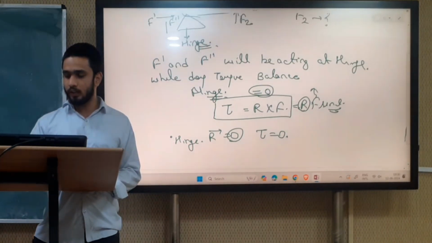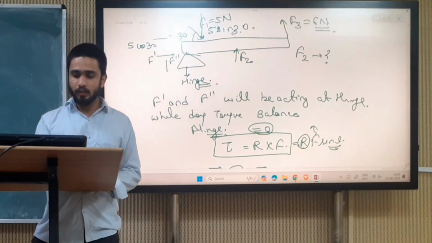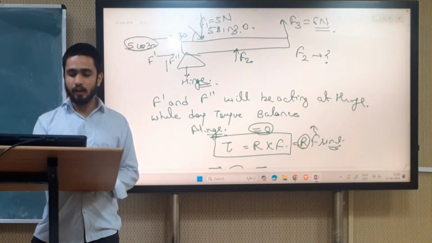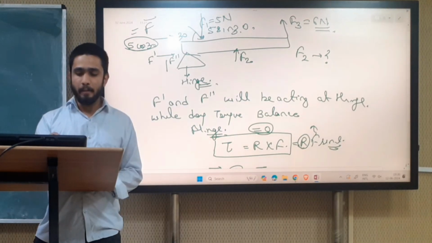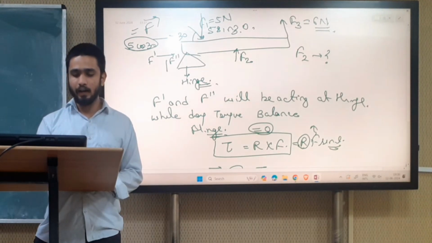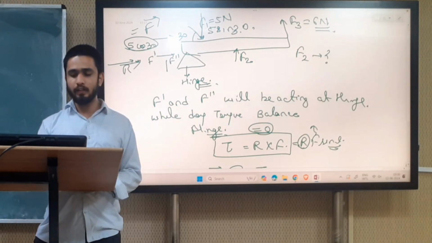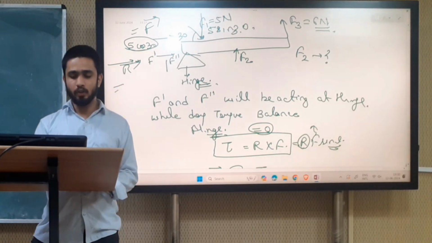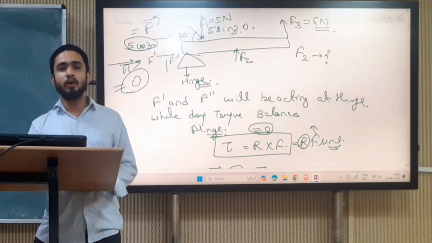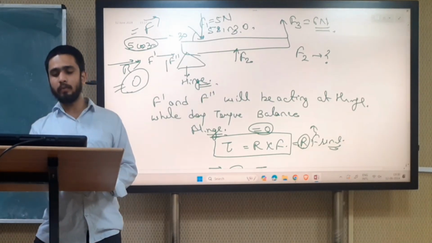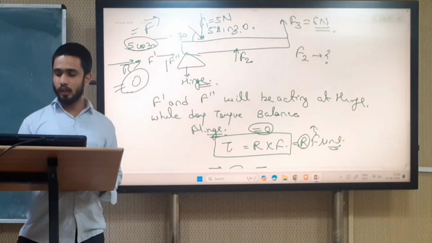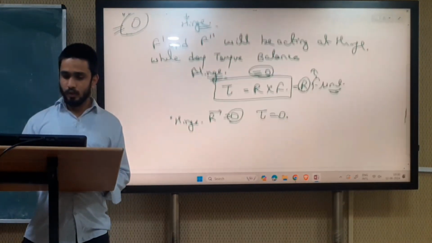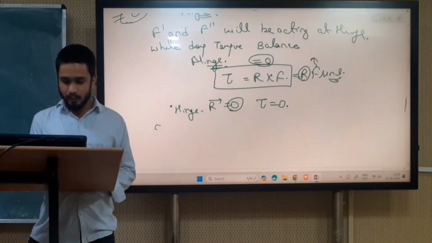If we see here, for the 5 cos 30 force, the R vector is in the same direction as the force. So the angle between R and F will be 0 degrees, so the torque because of 5 cos 30 will be 0. Only because of 5 sin 30 will the torque be given.